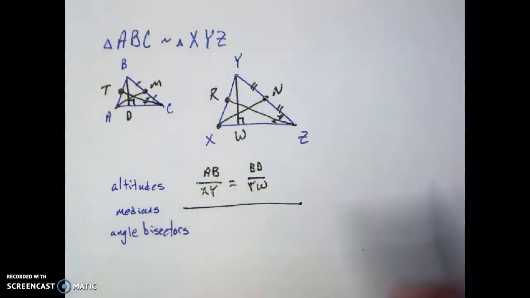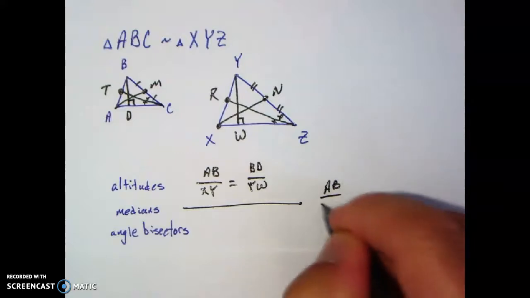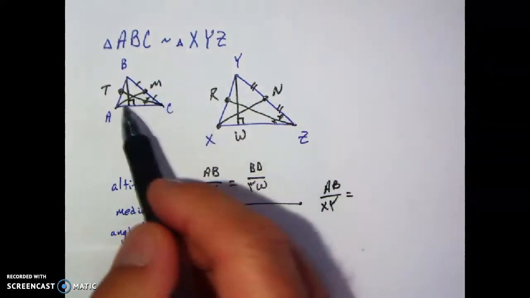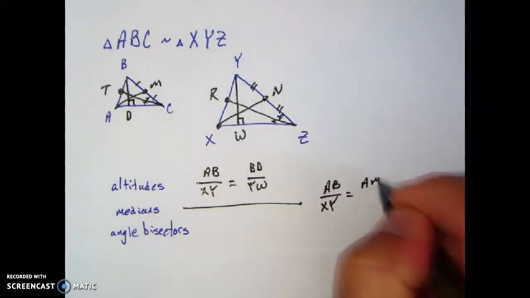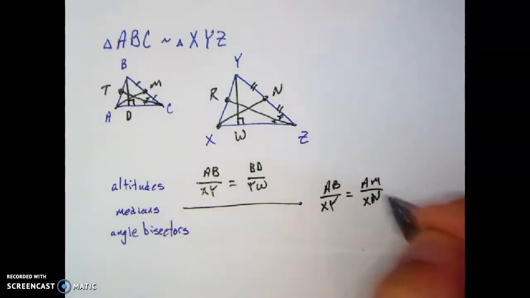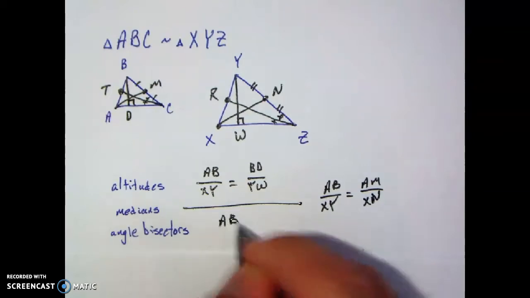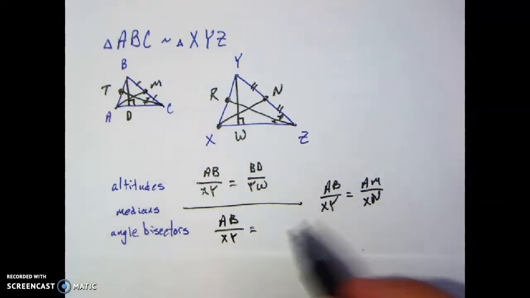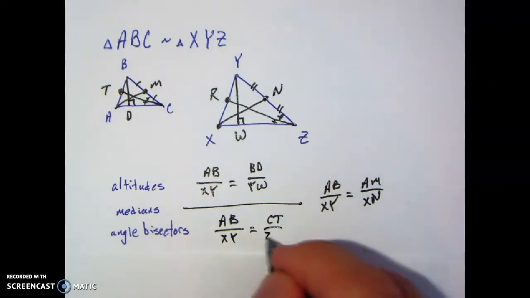Or I could be talking about the medians and say, again, segment AB and XY would have the same ratio as we had our median AM and XN. Or if we're talking about those angle bisectors, again, our ratio of AB to XY would have the same ratio as CT to ZR.